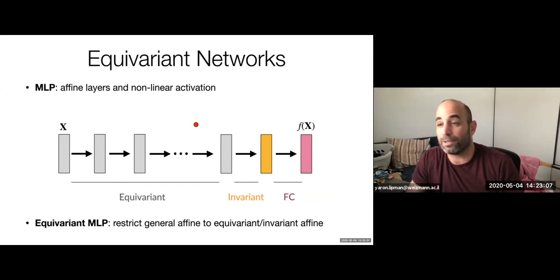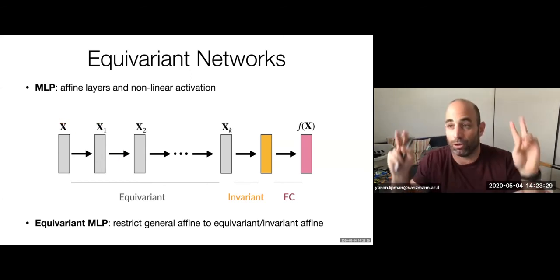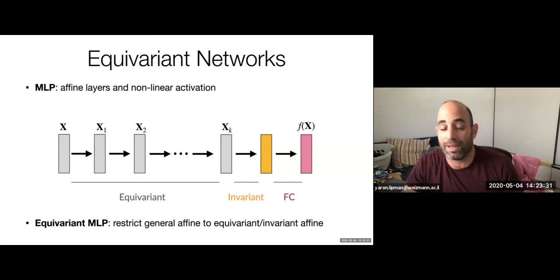So the gray part is going to be equivariant. It's going to learn a value per node or per vertex of the graph, and the entire thing is going to be invariant. It's going to produce a number or a vector which is invariant to the specific way that X is represented at the input. Let us provide a short proof that this is indeed the case.